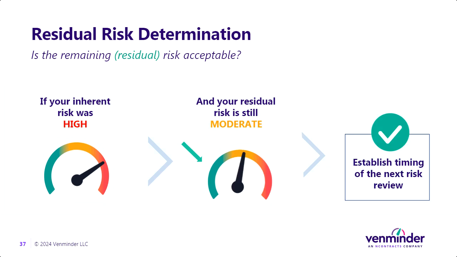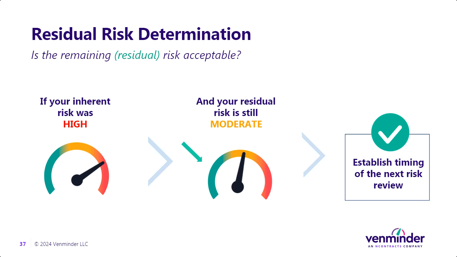In this example, you will see that your inherent risk was high, and after your review, you will see that the residual risk is moderate. So in this scenario, you're going to then establish the timing of your next risk review, which again is going to be based on that inherent risk rating, not the moderate, not the residual risk rating.